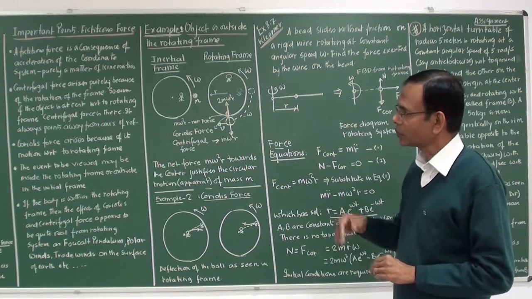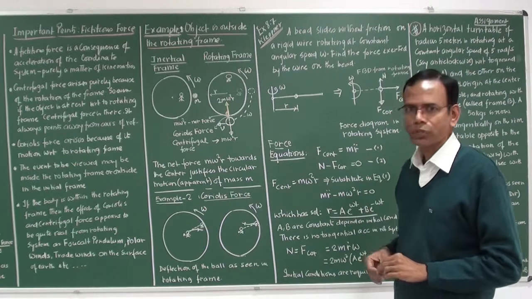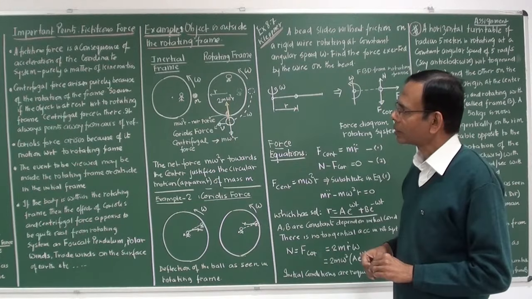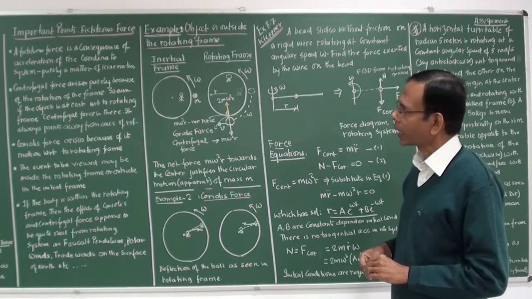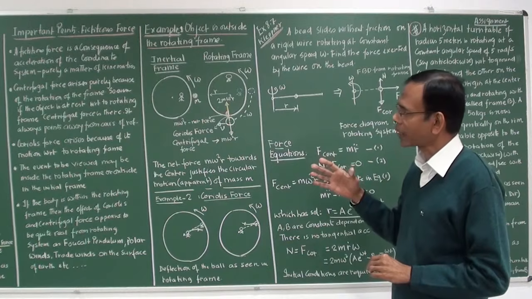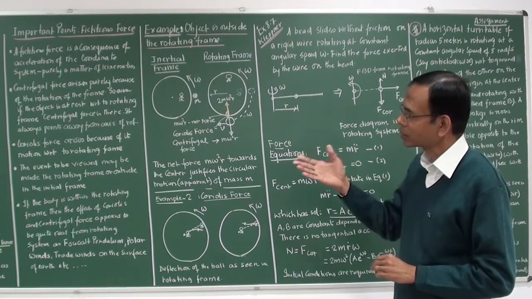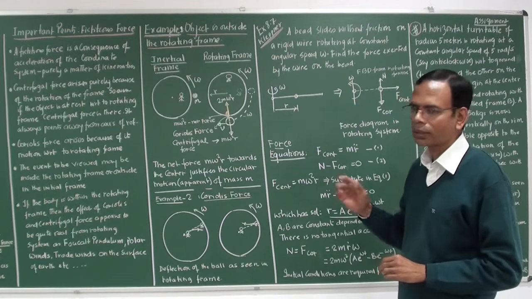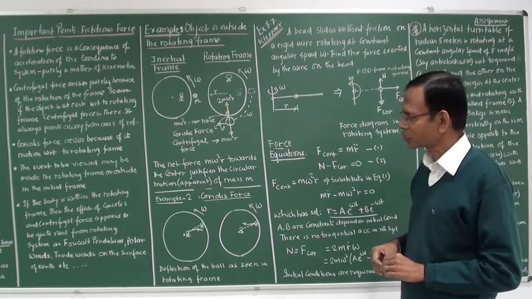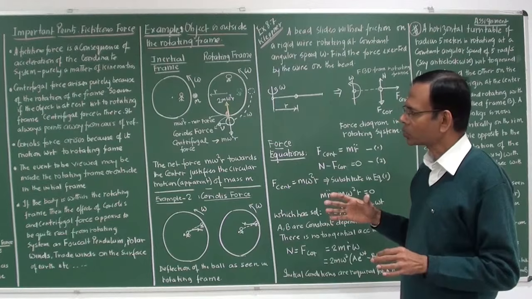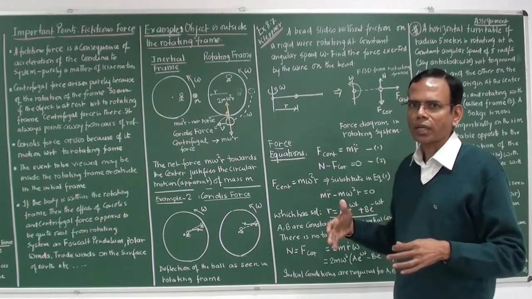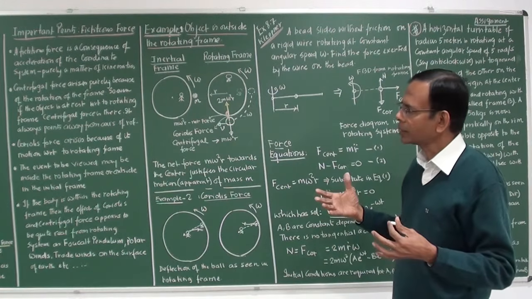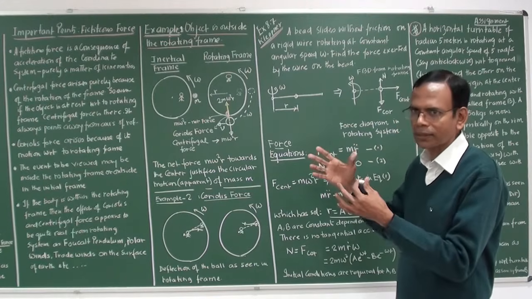It mostly deals with the fictitious forces in the rotating frame, and the centripetal acceleration and the Coriolis acceleration. Corresponding to that, we have learned centrifugal force and the Coriolis force. They are basically coming from these accelerations.